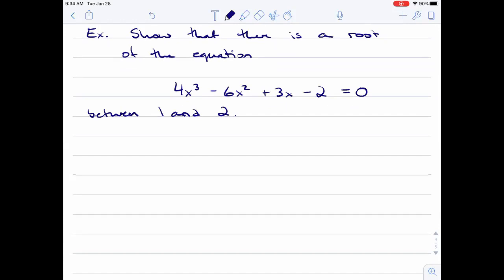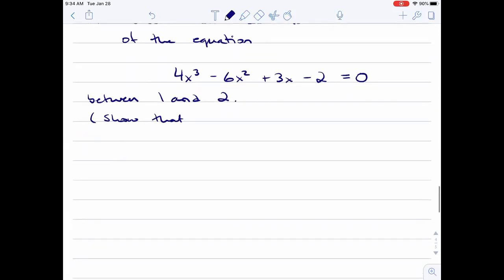To reword it, show that there is at least one solution between x equals 1 and x equals 2.